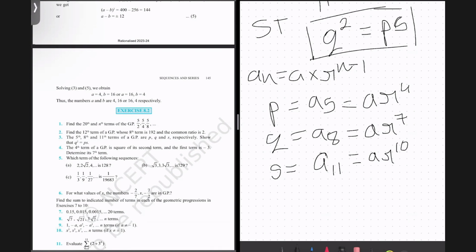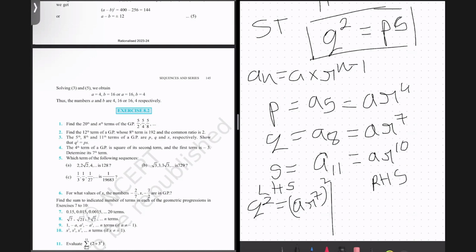Moving on, we are going to first evaluate the LHS, then the RHS, and when both are equal, we'll be able to conclusively show that Q square equals PS. I'm going to write LHS here and RHS here. So what is Q square? Q square is nothing but A R to the power 7 whole squared.